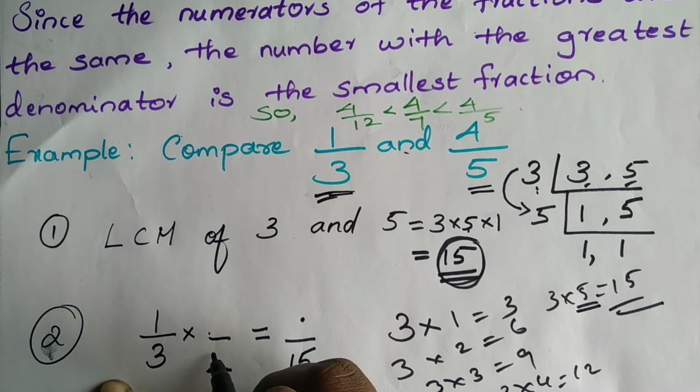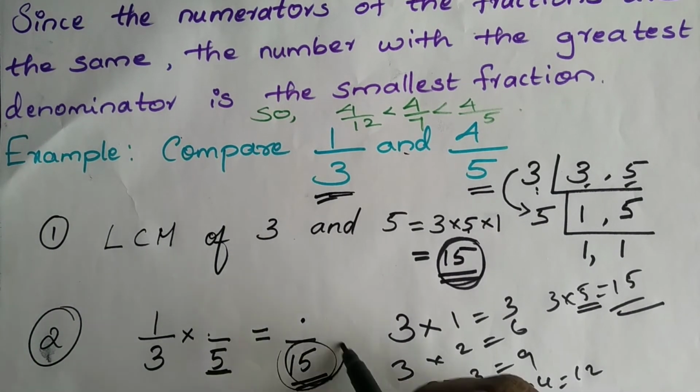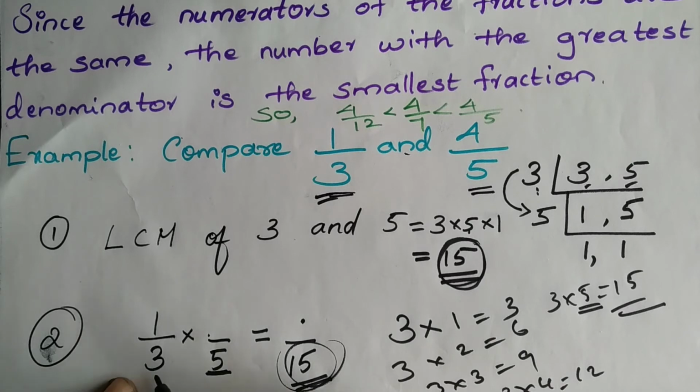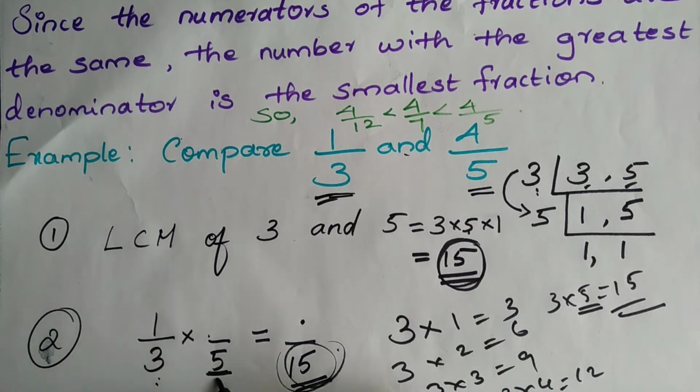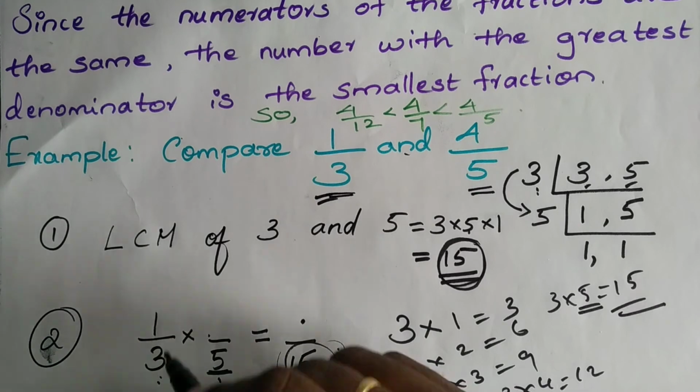So 5 will come here. We know definitely the denominator should be 15. There is no change in that. So 3 is here, that we know. With which number we multiply with 3, we will get 15? Exactly 5. So obviously 5 will come in numerator also.